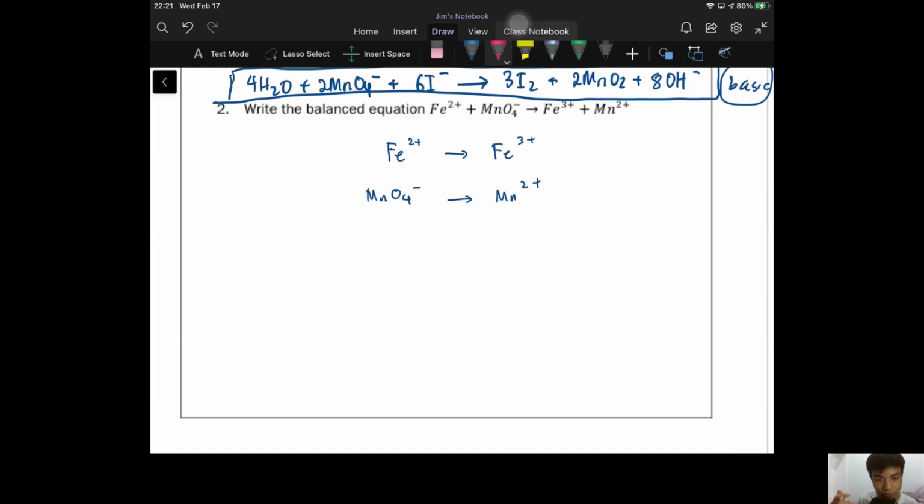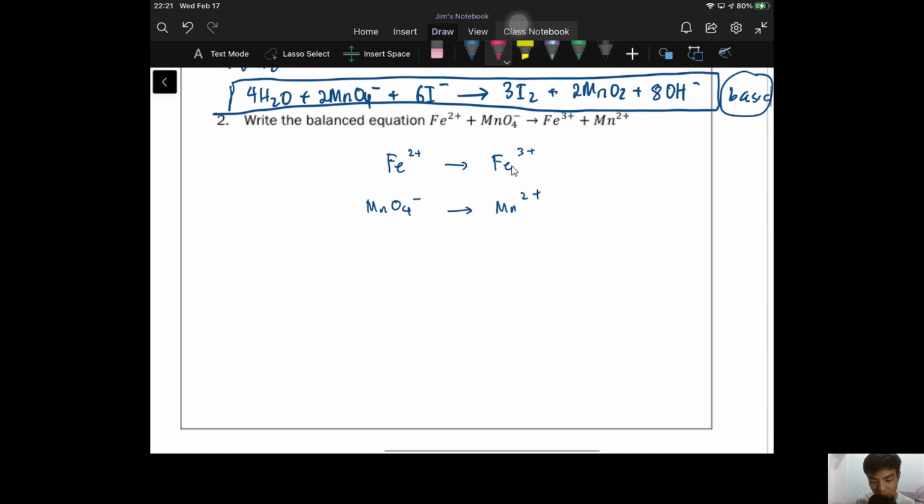Okay. So for the equation at the top, tig-isang iron lang yan. So the atoms are already balanced. However, yung charges nila ay hindi balanced, no? So on the left side, you have a positive 2 charge here. On the right side, you have a positive 3 charge there. Okay. So ibig sabihin yan, we're going to add electron dun sa positive 3 so that the overall charge on that side will be equal now to the charge of the left side.